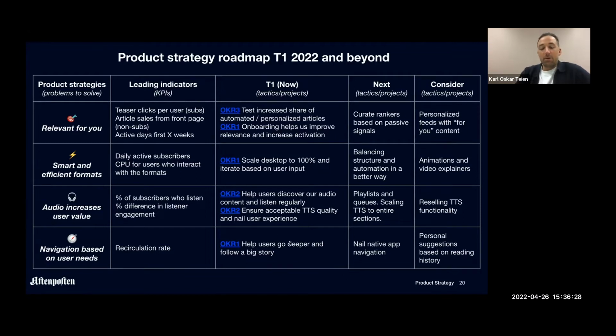So that's just an example of, for what we're working on right now, those are the tactics that we're employing. And then next, what we're pursuing then is to look, for example, at playlists and queues. So we think if we're going to nail the user mode here, we need to not just add a play button to an article.